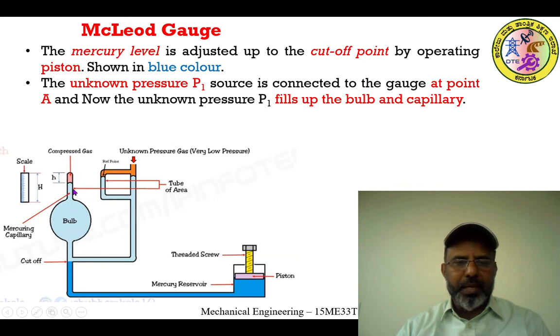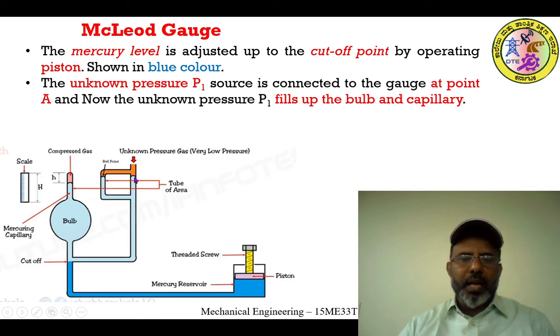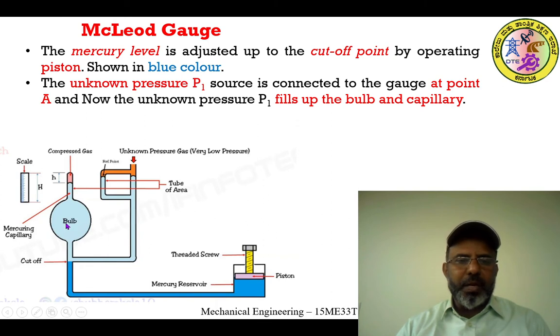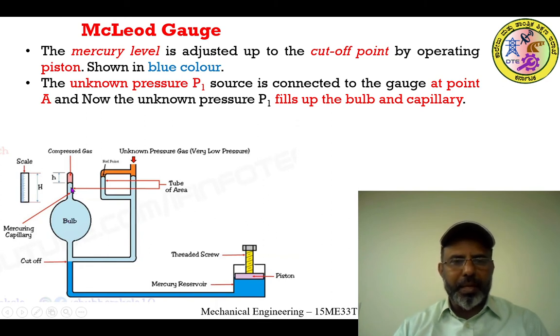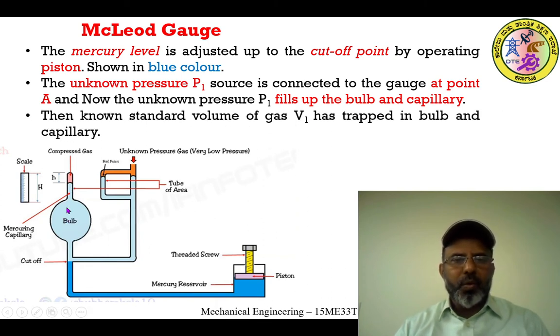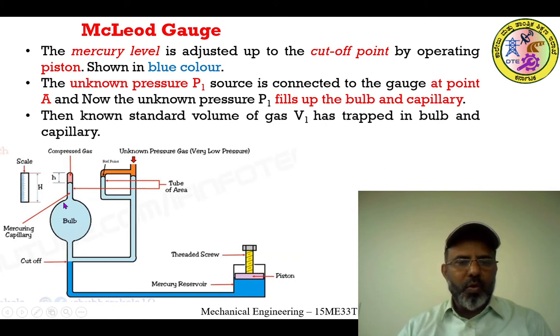This is the capillary, this is the bulb. The unknown pressure will fill up this bulb and the capillary, and then the known standard volume of a gas will be trapped in this bulb and the capillary.